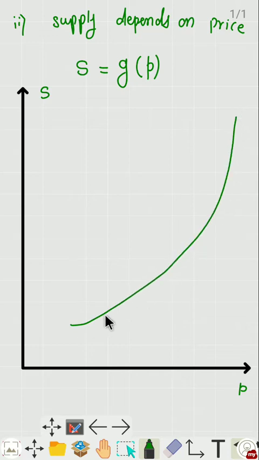As price increases, supply also increases. So this is the supply curve, with the origin here. This is the graph of S is equal to g of p, as shown in the figure.